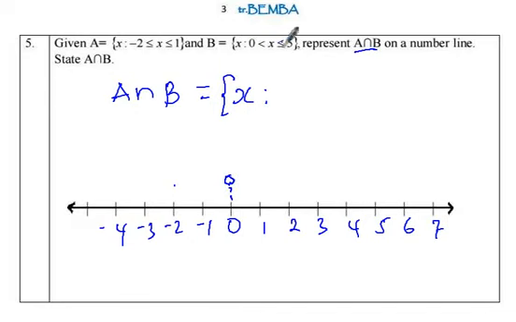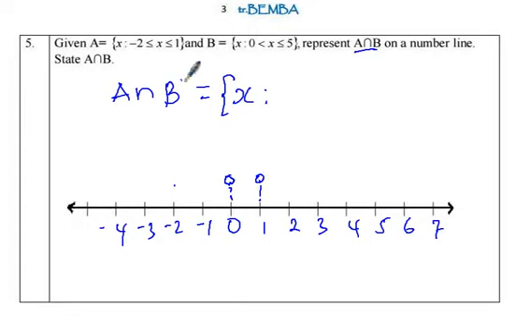Okay, now let's see the other limits. The first set stops at 1. This set stops at a 5. Since we're interested in their intersection, there is no way we shall move up to 5, but we shall stop at a 1. So we can come right above here. 1 is also there.